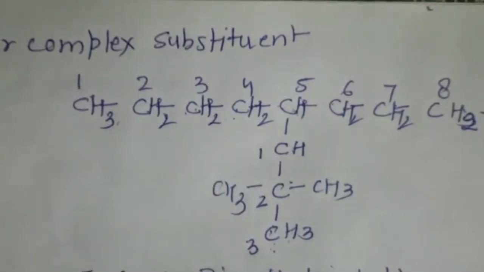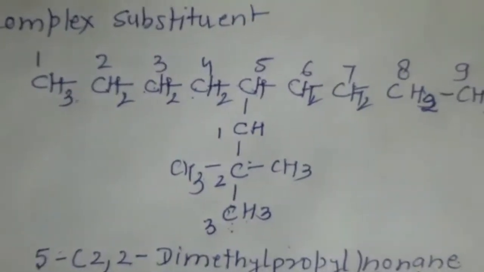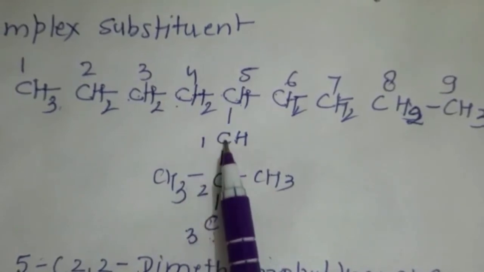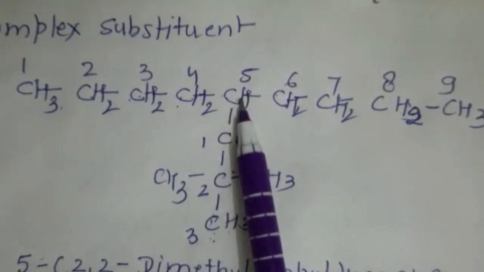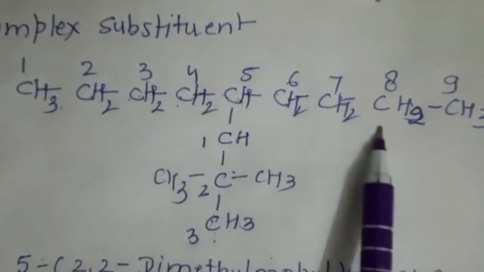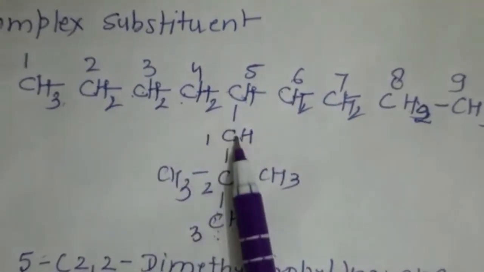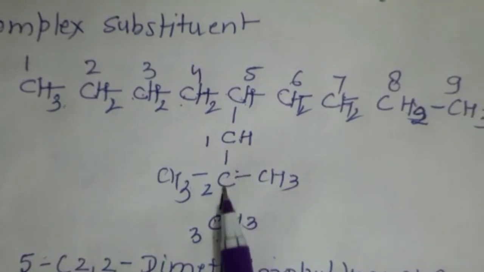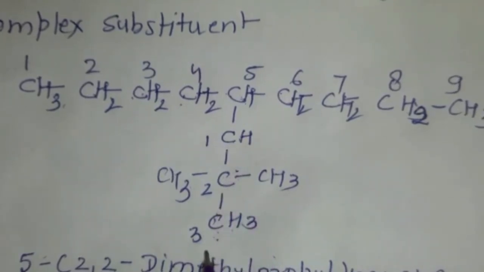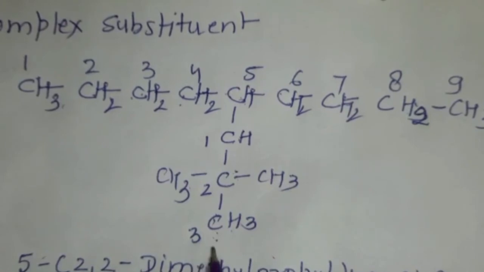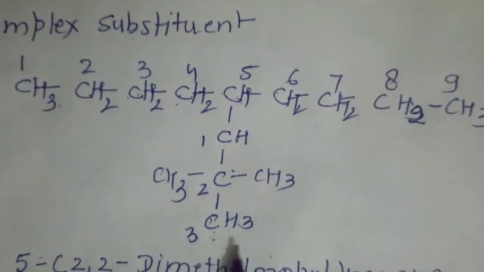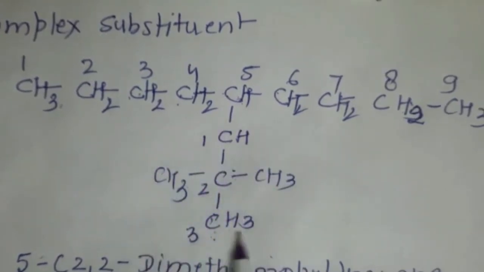Then in that case, you have to consider the carbon atom which is directly linked with the principal chain as the first carbon atom, and taking it as the first carbon atom, you have to select the longest chain of this alkyl group and follow all the IUPAC nomenclature rules for naming this complex alkyl group.